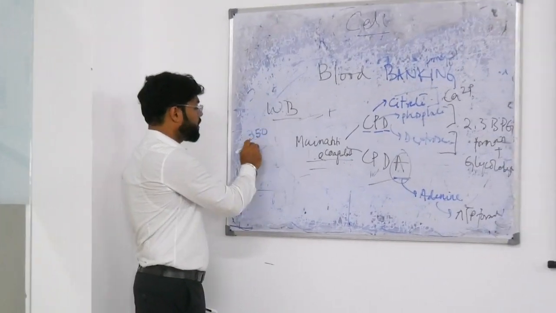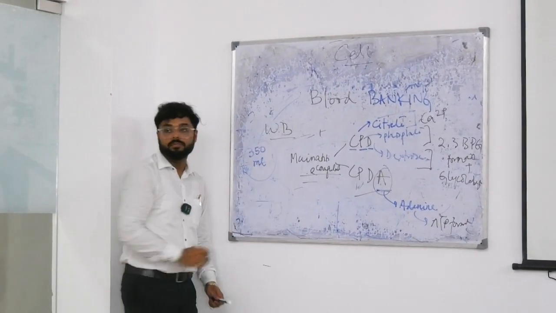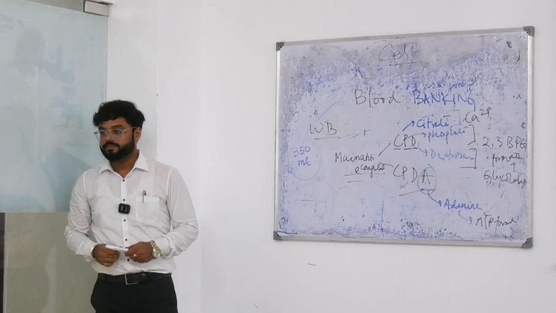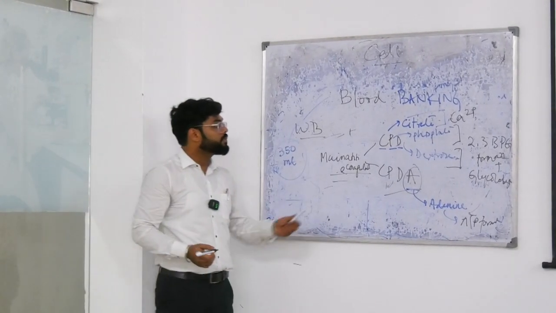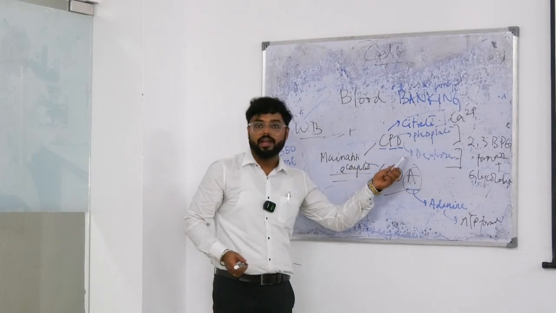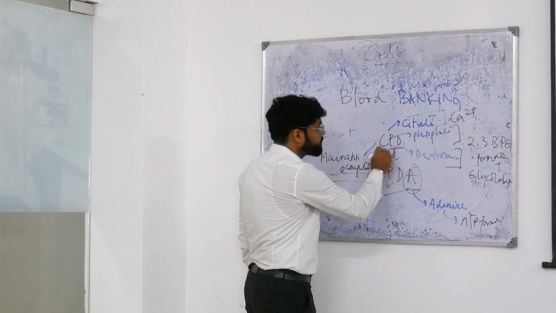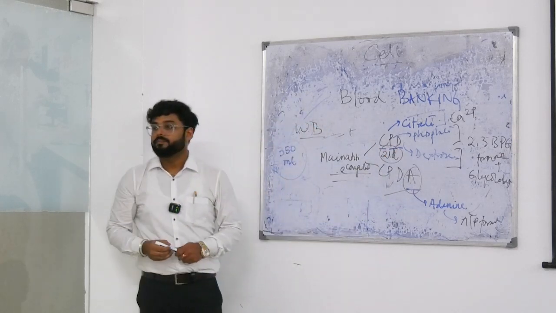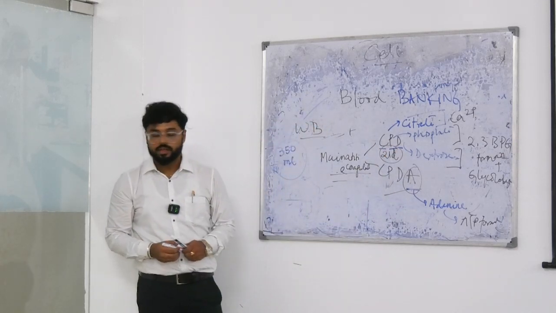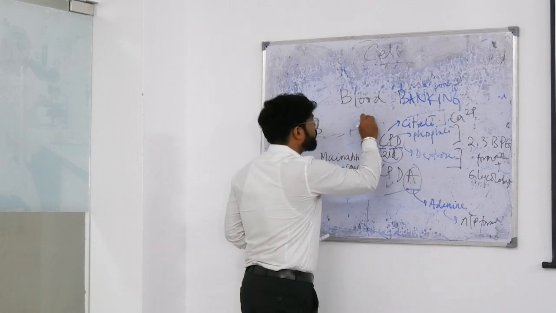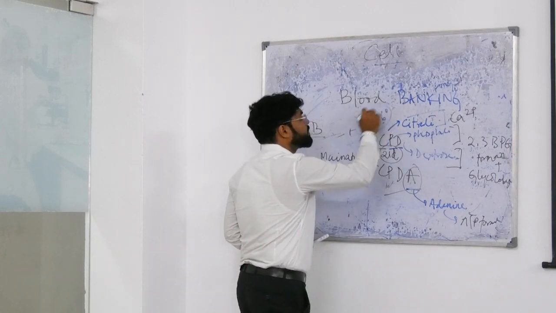So this is the main anticoagulant present in the plastic bag. In a whole blood bag, it is about 350 ml. If CPD is used as the anticoagulant, the blood can be stored for 21 days in a refrigerator at 4 to 6 degree temperature.